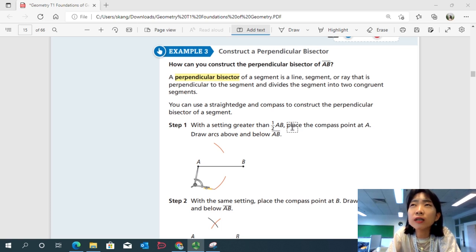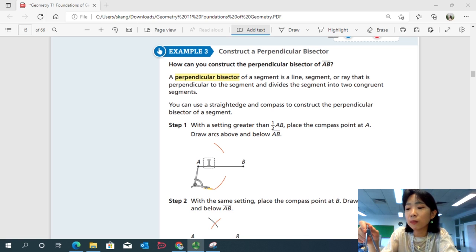So how do you construct a perpendicular bisector? You can also use a straight edge and compass to construct the perpendicular bisector. So step 1, with a setting greater than half of AB, you want to use a setting that is more than the midpoint of your segment, but of course it doesn't go past the other endpoint. It has to be in between the midpoint and the other endpoint.